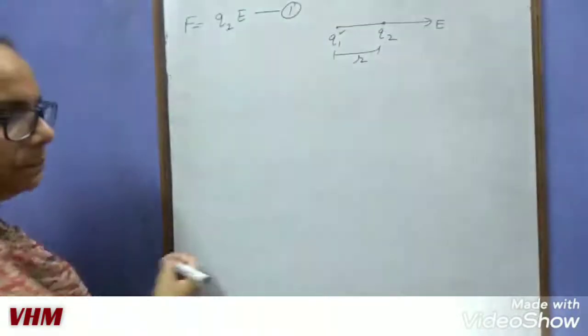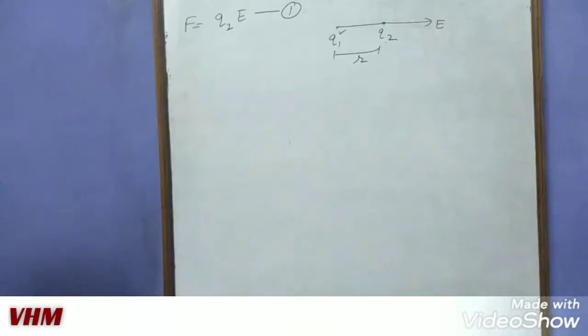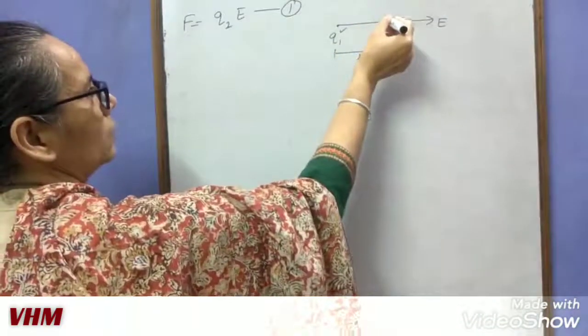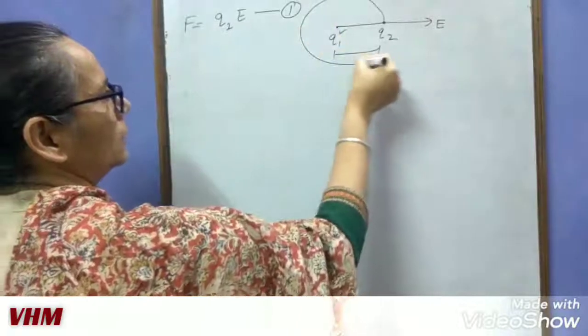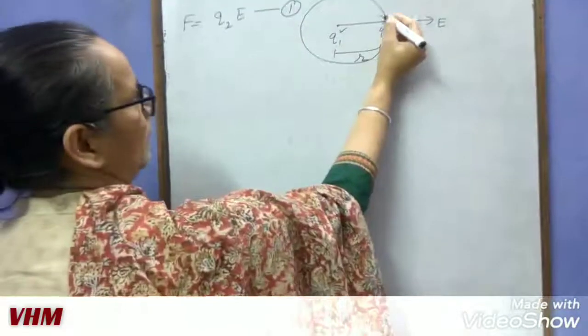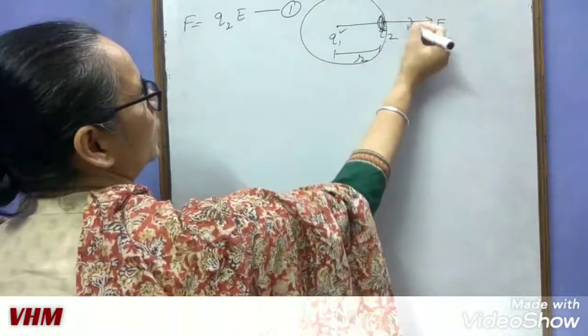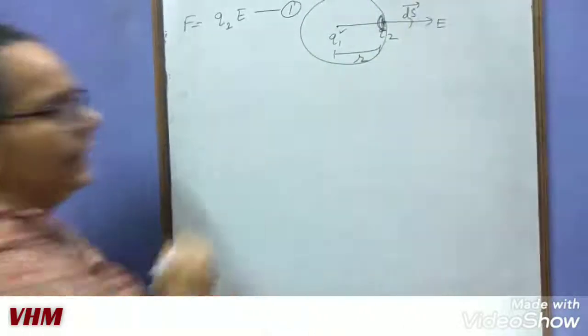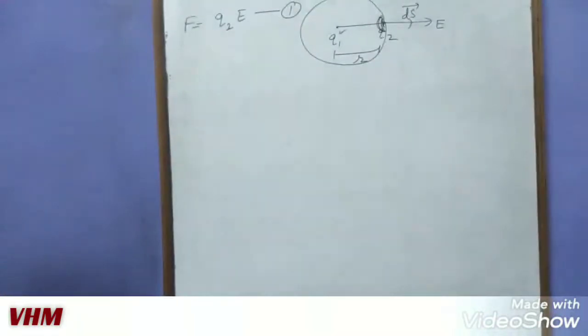Now to apply the Gauss theorem, we have to draw the Gaussian surface. So we draw the surrounding surface, that is considered as the Gaussian surface. And around this again we consider a small area vector, that is ds vector.